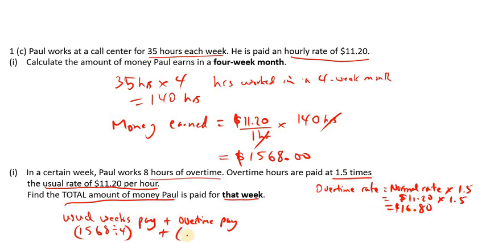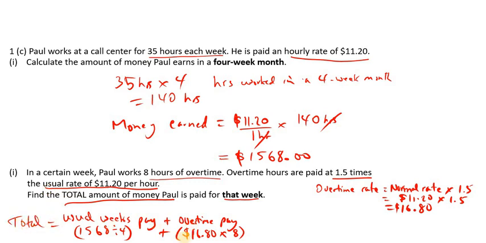So we need to calculate the overtime pay. That will be $16.80 per hour overtime times how many hours overtime? 8 hours overtime, we're told. So when you calculate this, you get the total amount of money for that week.